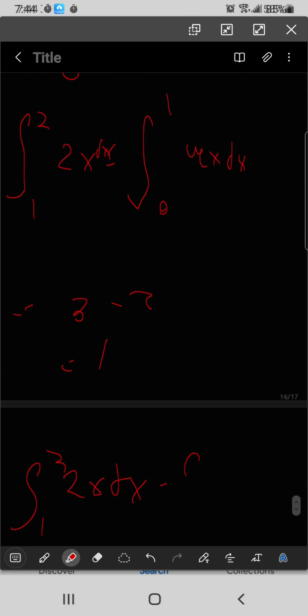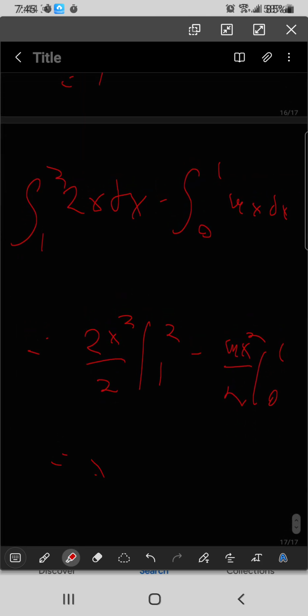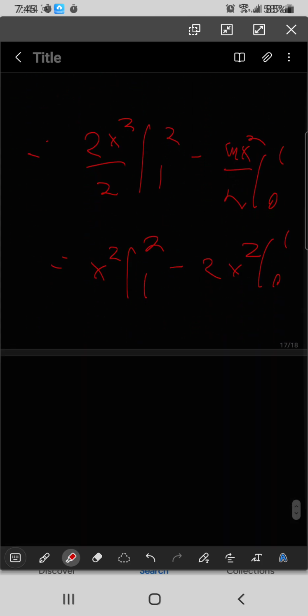Because some of you guys didn't get what I did, because I learned this by my calculation. So we have 2x squared divided by 2, evaluated from 1 to 2, minus 4x squared divided by 2, then from 0 to 1. x squared from 1 to 2 minus 2x squared from 0 to 1.